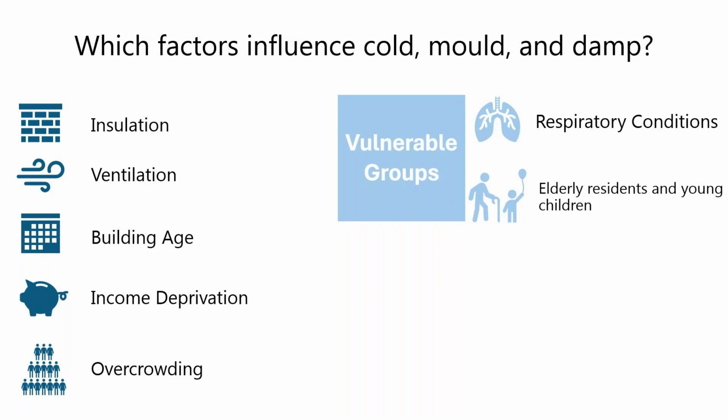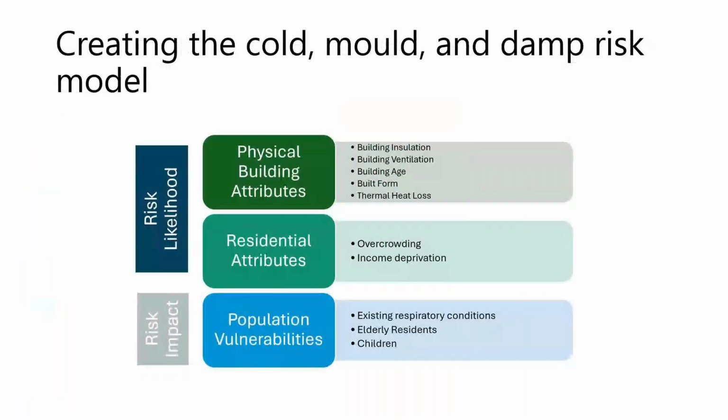And older residents are particularly at risk and are 4 times more likely to develop asthma symptoms when living in a moldy environment. So all of these risk factors were taken together and the cold, mold and damp risk model was created. And the vulnerability was split into 3 categories.